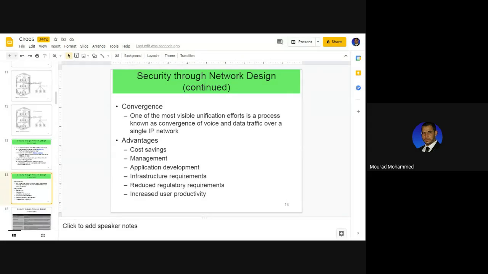Whatever the size of the network is, 2 computers or 100 computers or thousands of computers, all communications have to pass through a dedicated point. We are talking about a choke point, C-H-O-K-E, choke point. You can refer to chapter number 1 to see the security technique choke point. It is a convergence here.